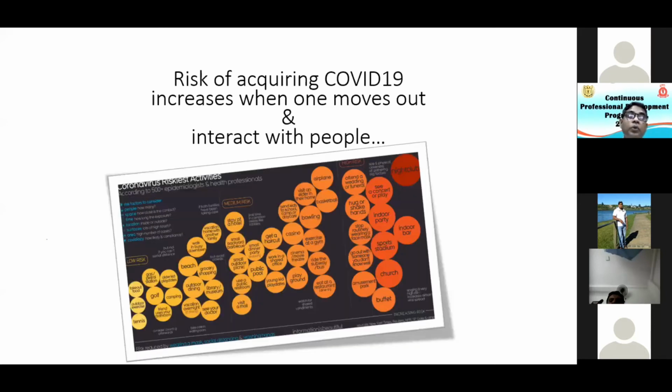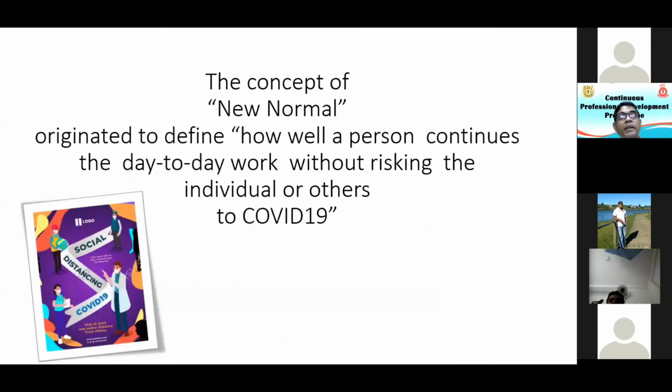This photograph shows you the low risk behaviors, medium risk behaviors, and high risk behaviors of the social interactions that you have. If you can't stay at home, the best thing is to practice engaging only in low risk behaviors. In that way, you can stay safe.